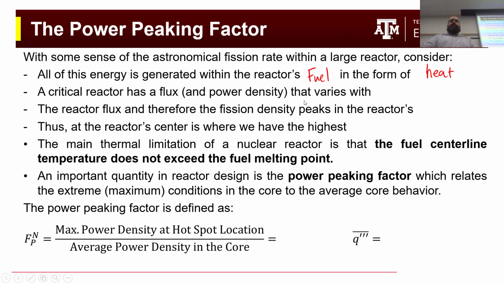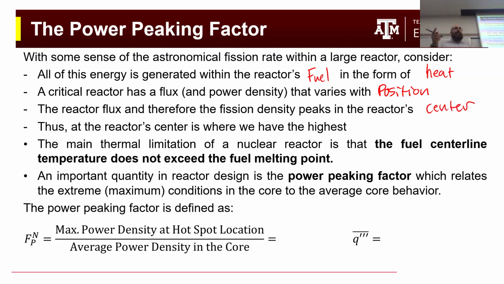If this reactor is critical, then the flux of the reactor is going to vary with position within the reactor. So that flux, and therefore the power density, is going to vary with position. And we already saw that the flux and therefore the fission density are going to peak in the reactor's center.